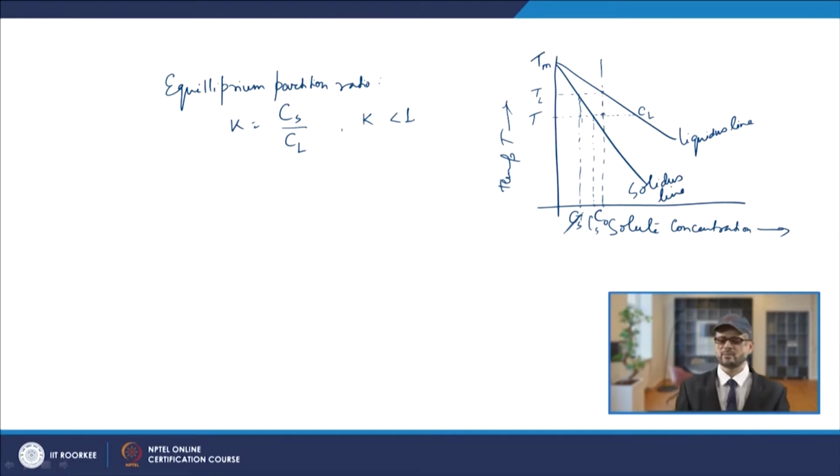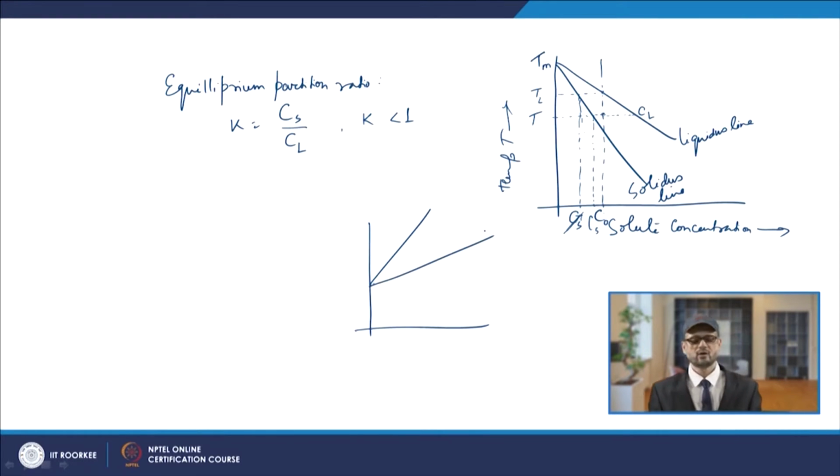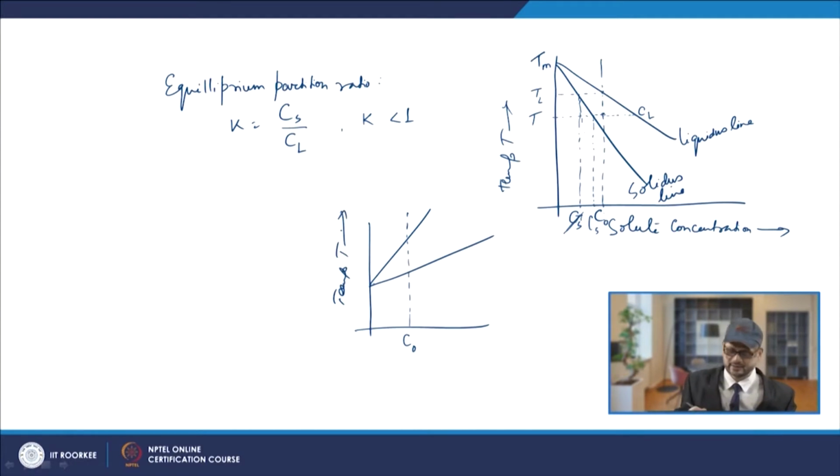Now if you talk about another kind of phase diagram, where the phase diagram goes like this, and you come to any composition C naught. Again the temperature T goes like this, and this is your solute concentration.